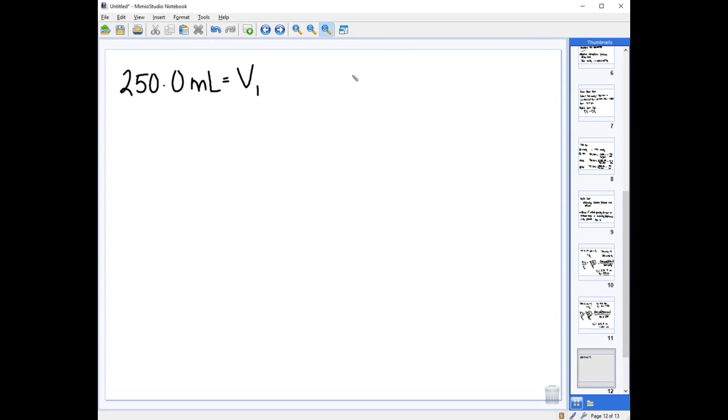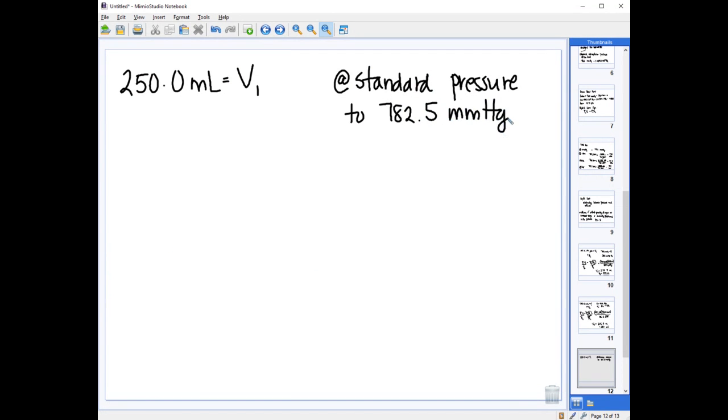And it tells me it is at standard pressure. And I'm going to change that to 782.5 millimeters of mercury. So standard pressure is going to be my P1, and P2 is 782.5. So what is standard pressure?